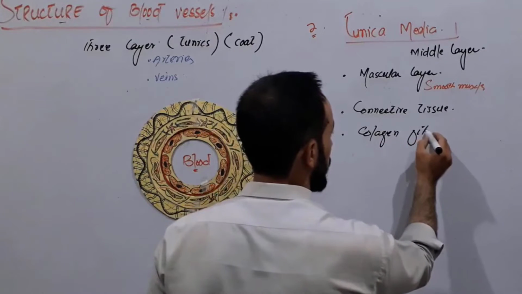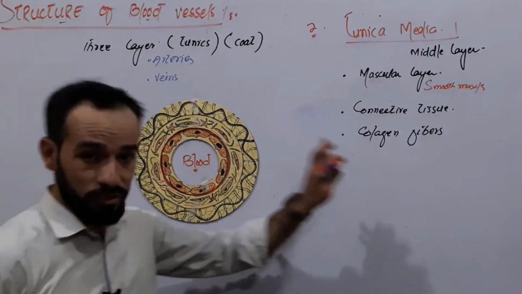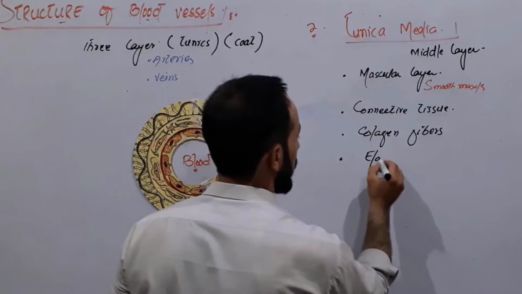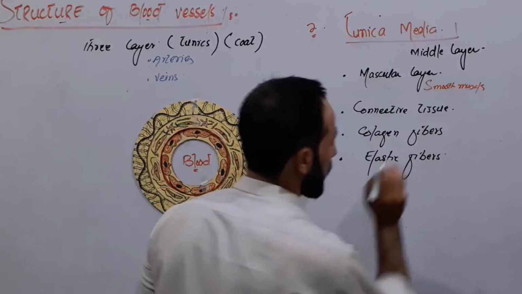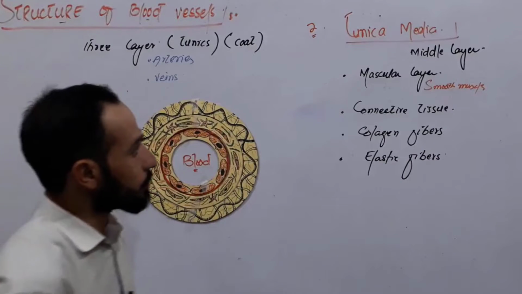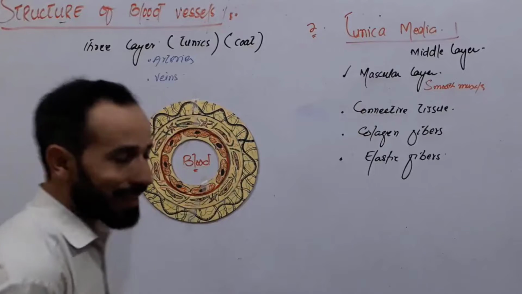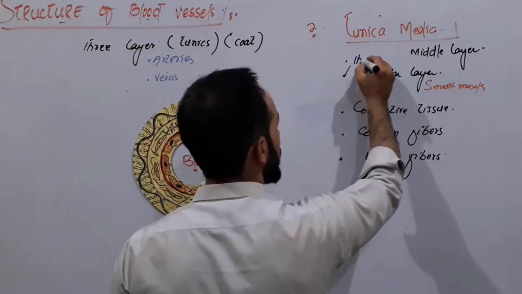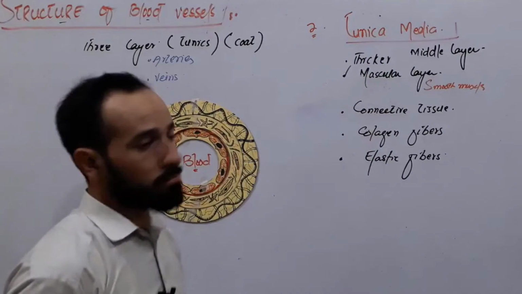We are talking about the structure and composition, right? Some collagen fibers, and we also know that there are some elastic fibers also. So we see that this tunica media is the thicker layer. It is the thickest layer. I would write it here. It is the thicker layer, and it is also known as the muscular layer.